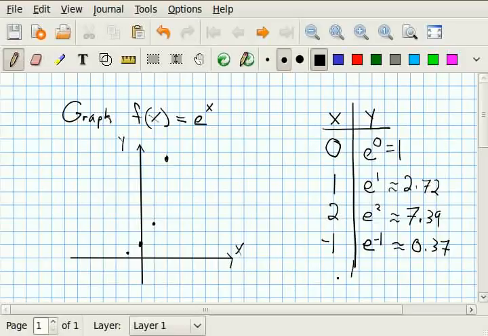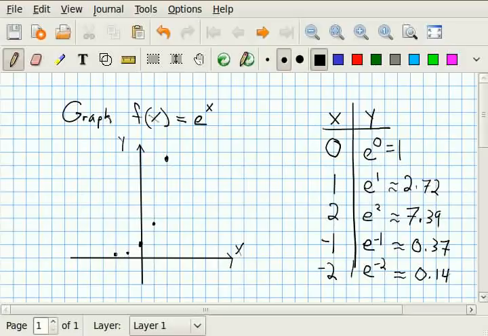And let's do one more, -2. If x is -2, y is going to be e to the power -2, which again you need to find on the calculator, and I'm getting about 0.14. So when x is -2, y is just barely above the x-axis, about 0.15 units up. So I'm drawing it pretty close to the x-axis here.